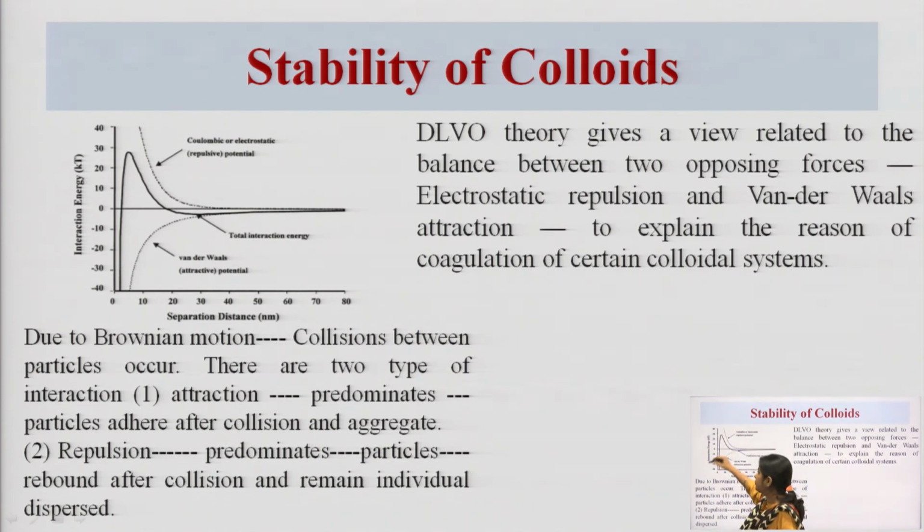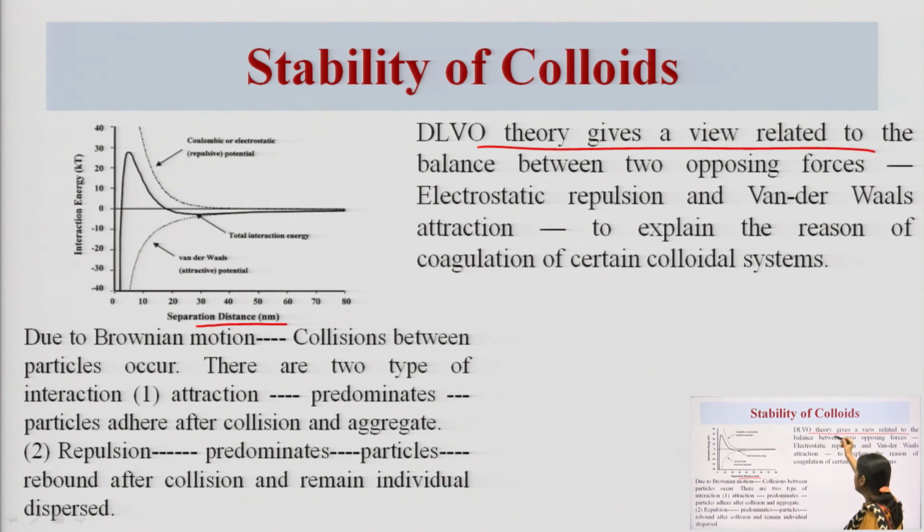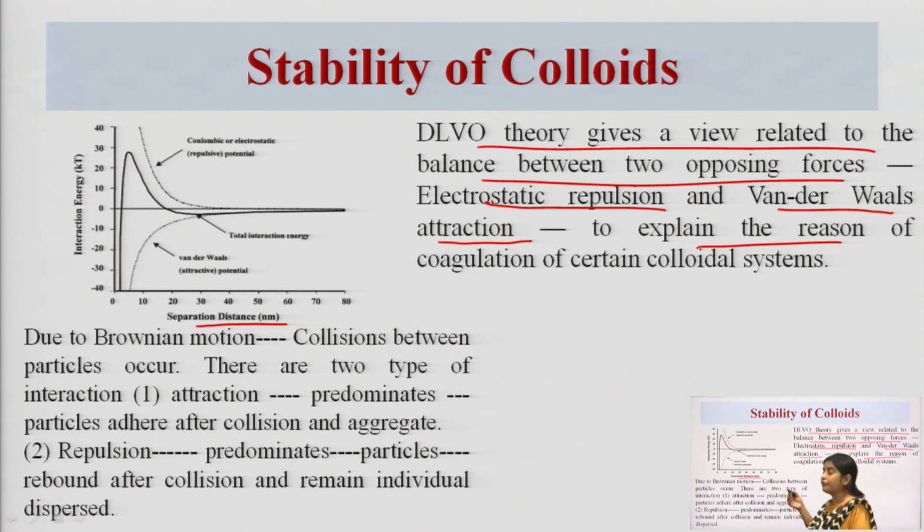Now, in this DLVO theory, on the y axis we take interaction energy, and on the x axis we take the separation distance, the distance between two particles. This theory is related to the balance between two opposing forces: one is the electrostatic repulsion force and one is the van der Waals attraction force. Using these two, we can explain the causes of coagulation of certain colloidal systems.